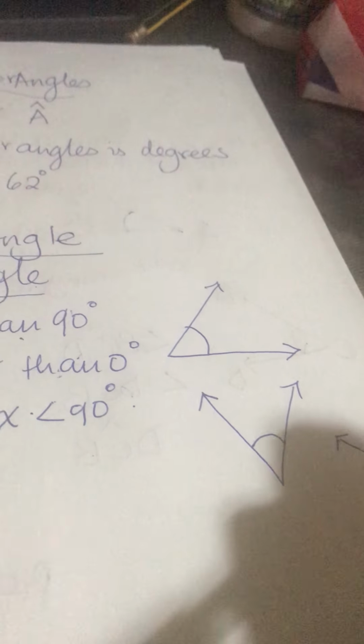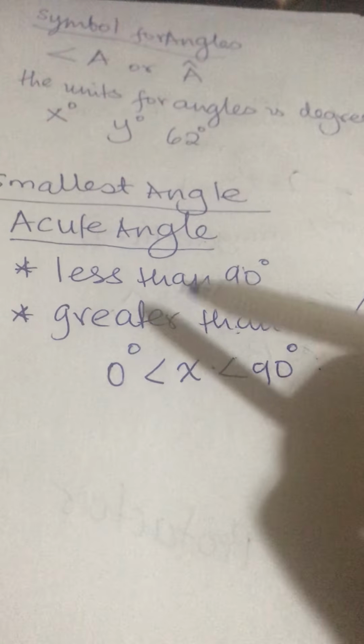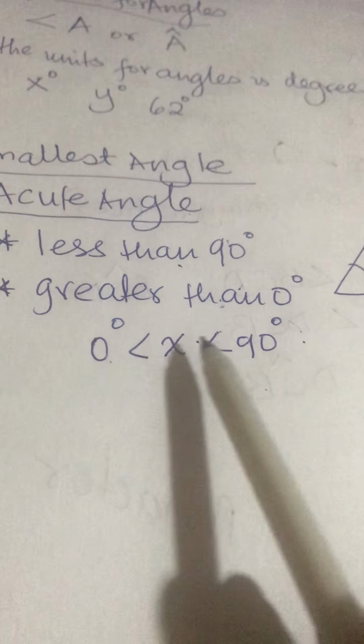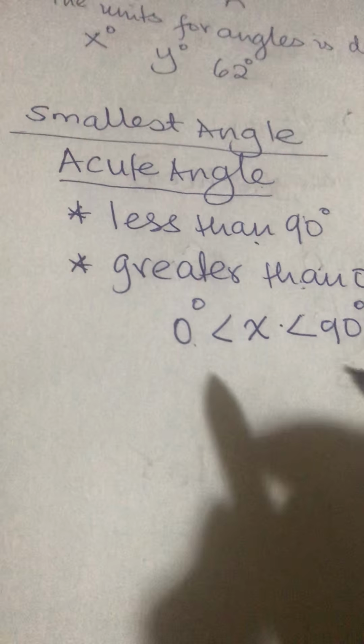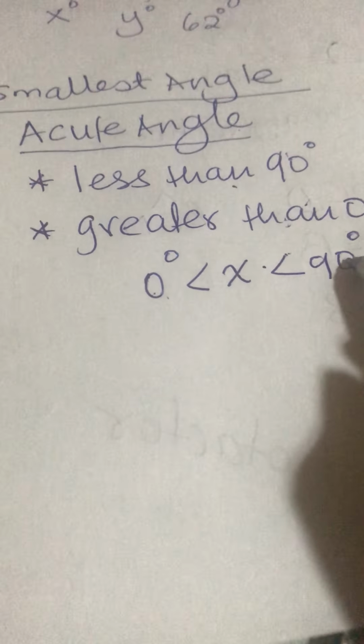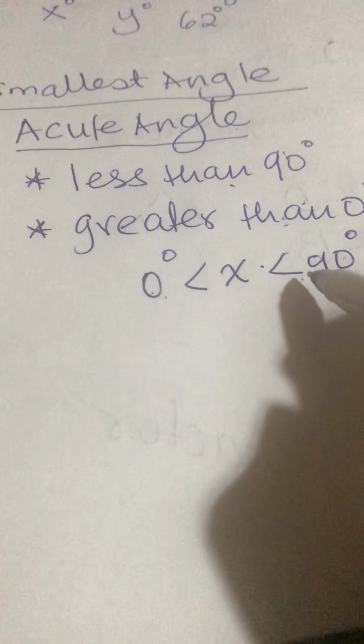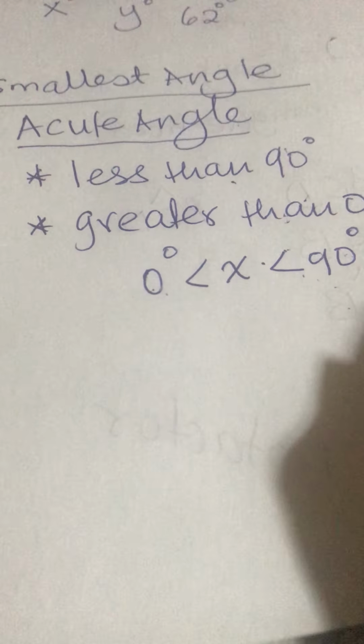So there, it looks like V or A. Okay? That's how you identify. So, any number between 0 and 90 is acute. You cannot use 0. You have to use 0.1. You cannot use 90. You have to use 80, 89.9 is the largest.